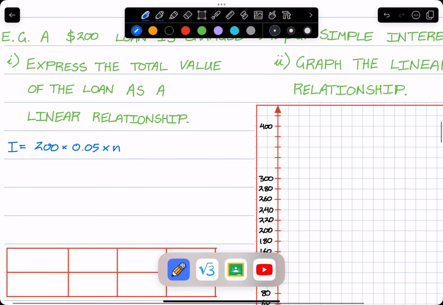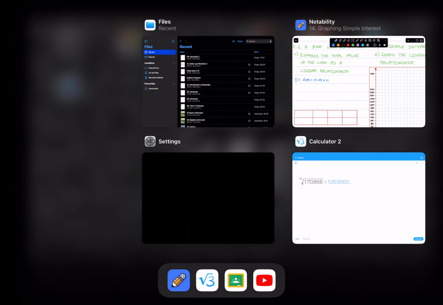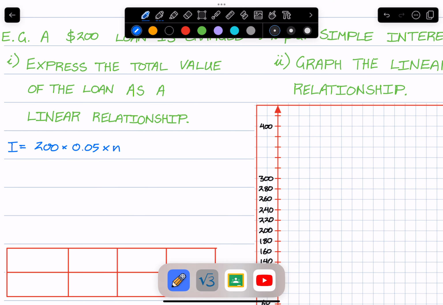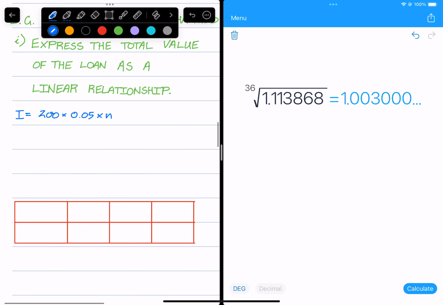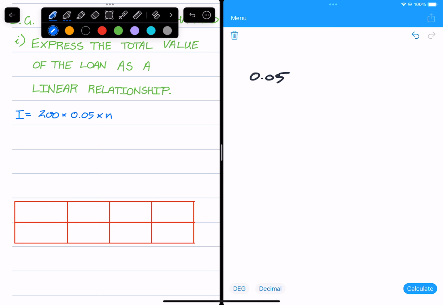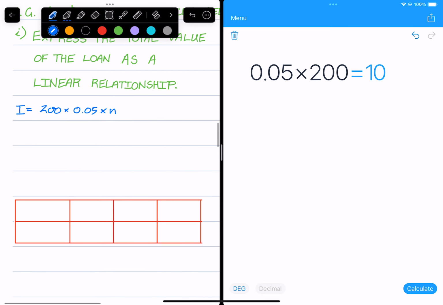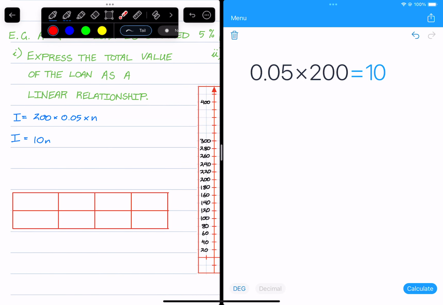When we calculate this, 5% of 200, so 0.05 times 200, we get 10n. So interest equals 10n. But notice how this, like we saw previously, is just the interest each year.